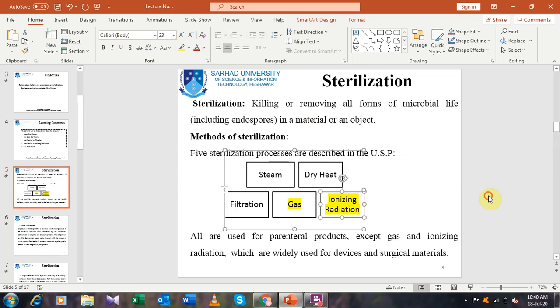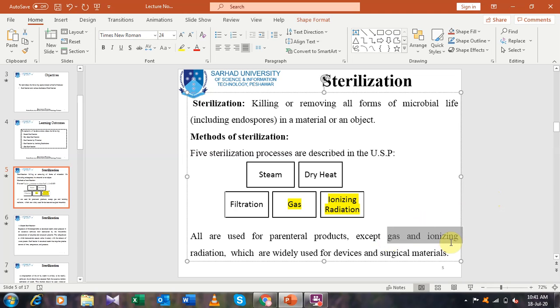These two are widely used for devices which are used in the parenteral products or any other devices which need to be sterilized, and these are sterilized by gas and ionizing radiation rather than the other methods which are used for parenteral products.